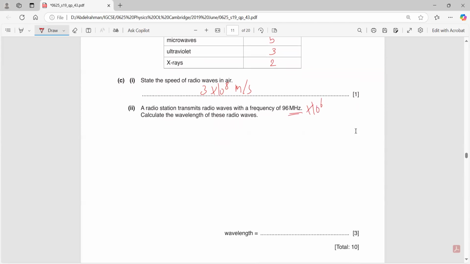Wavelength equals speed over frequency. So 3 times 10 to the power of 8 over 96 times 10 to the power of 6 should give you a wavelength of 3.1 meters. Radio waves have a long wavelength. Yes, 3.1 meters is acceptable.